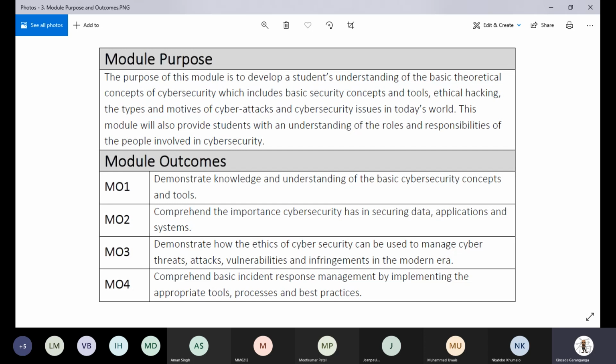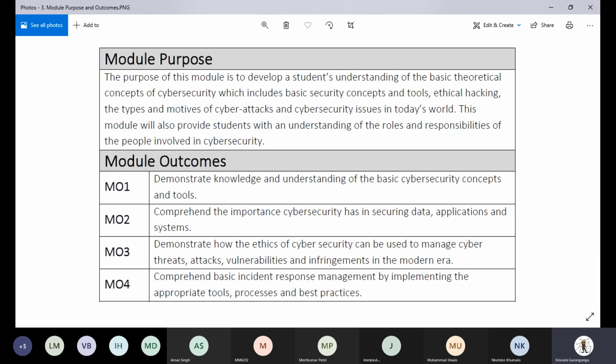You've got about 4 module outcomes. Again, like we were mentioning, what is the importance of securing content, looking at the ethics behind threats, attacks, vulnerabilities, as well as infringements that are incorporated currently, and understanding how to circumvent them accordingly in your specific environments. So that's the module purpose at large.